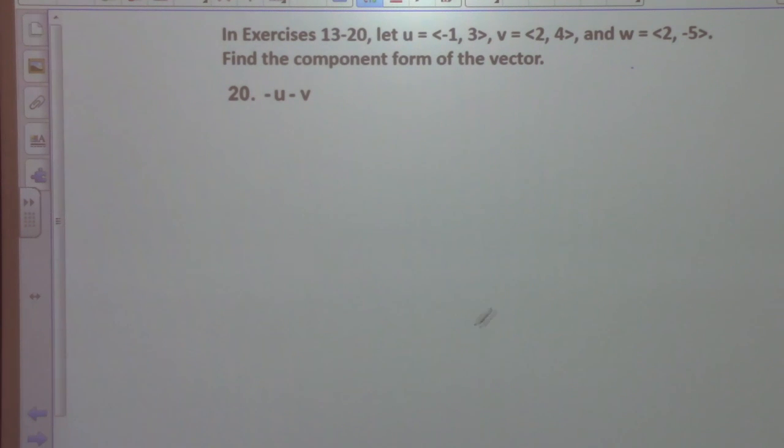Okay, which one is this? 20. -1 and -7. Good job. That's what I got. Okay, does that look right?